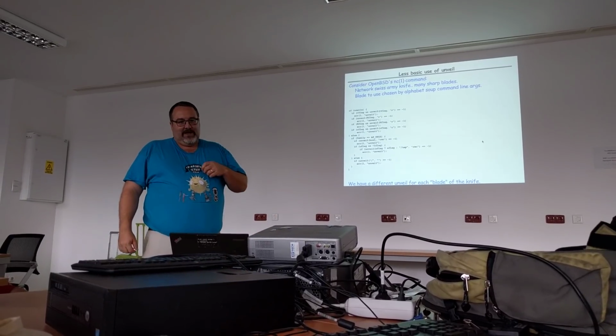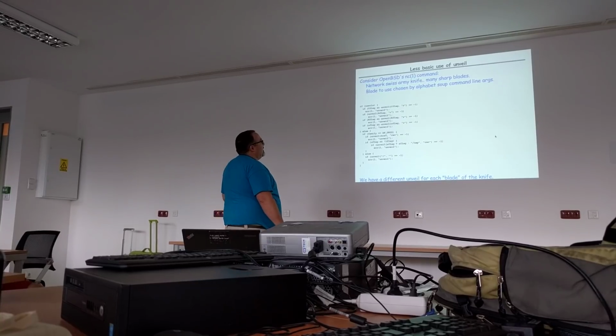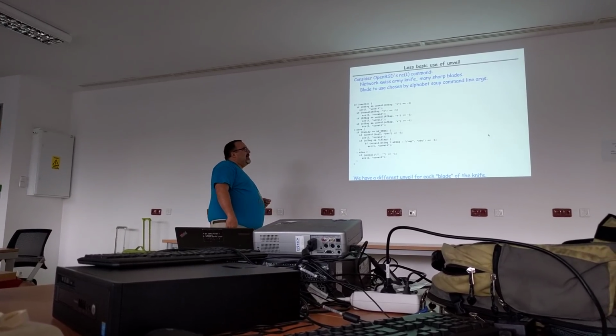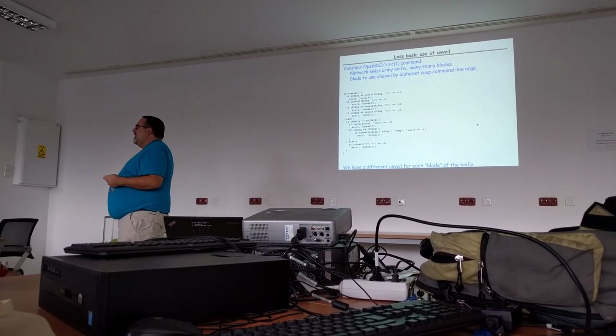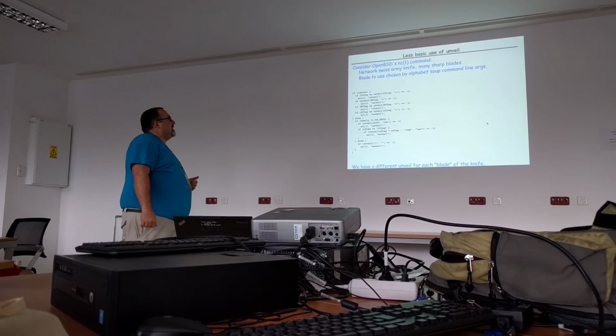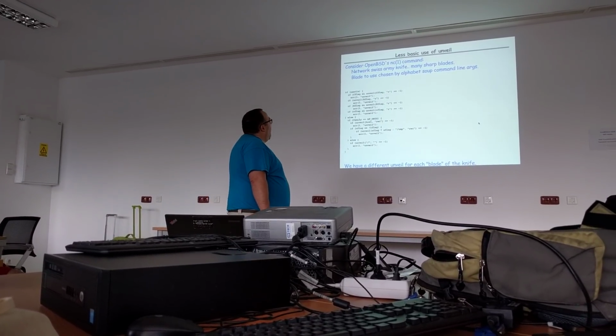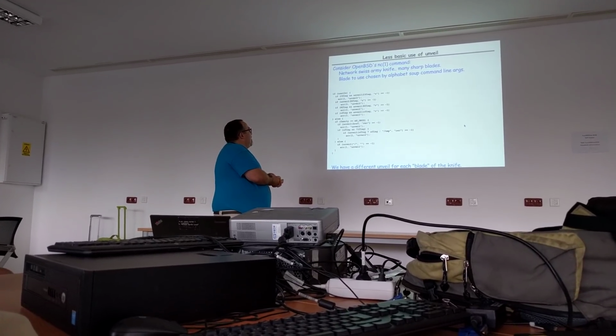Less basic use of unveil. OpenBSD's nc is a network Swiss Army knife. If you've used nc and you looked at the man page for nc, it has an alphabet soup of options. If you can find the letter in a bowl of soup, there's an excellent chance it's an argument to netcat. Blades are chosen based on the alphabet soup command lines.